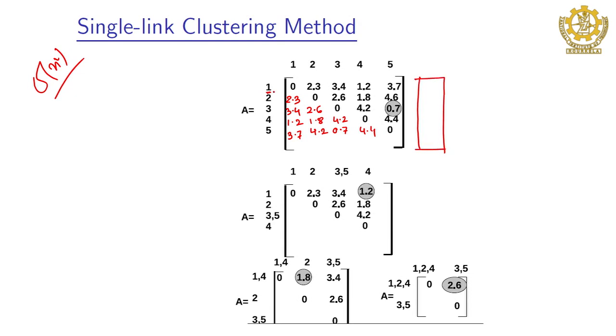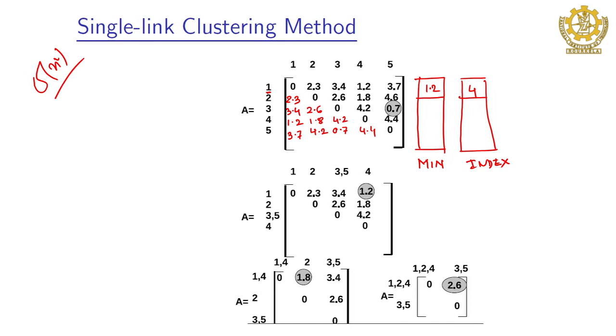Obviously, 1 to 1 you have to exclude. So 1 to 4 is the closest, right? So you write this value 1.2, and another value you write is which point is closest, so it is the fourth point. This we call the minimum, and this we call the index.